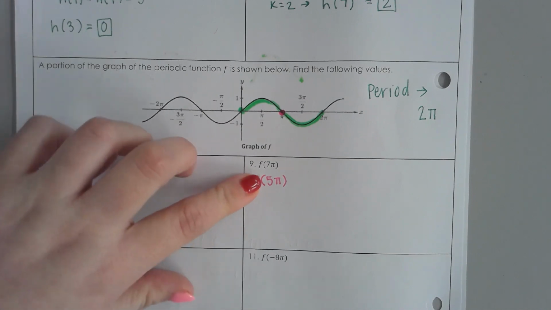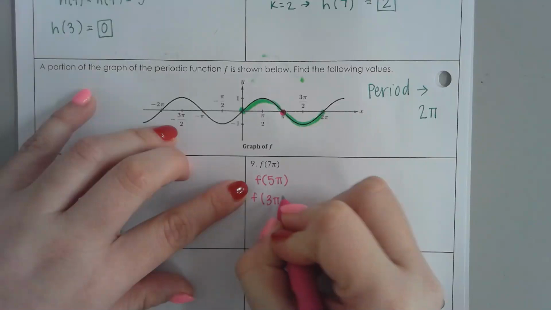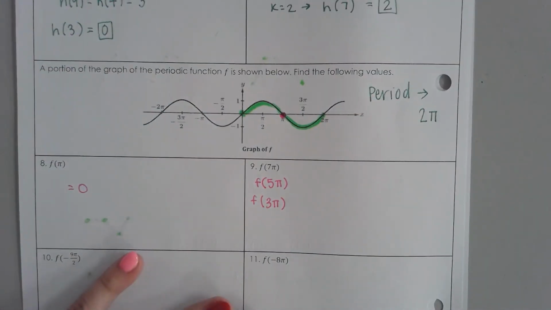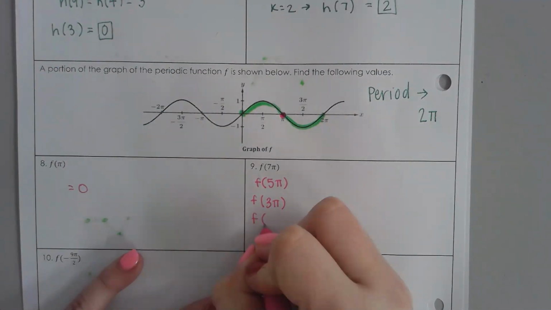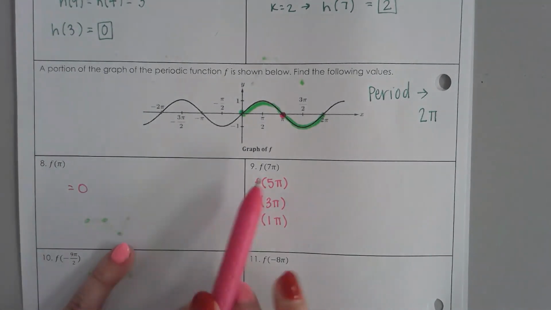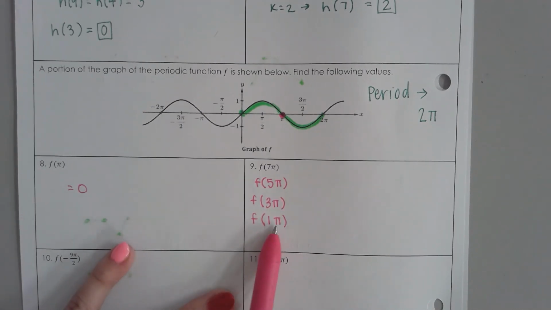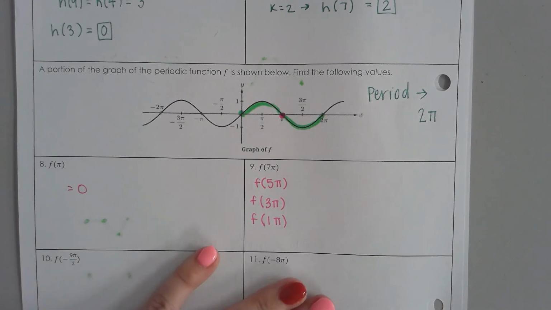Same kind of deal. So this would be the same thing as f of 3 pi, which still is not on there, which is f of 1 pi. Because it's periodic, those all have the same y values. And f of 1 pi is 0. We just did that one.